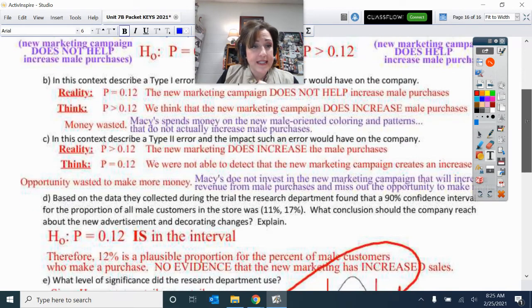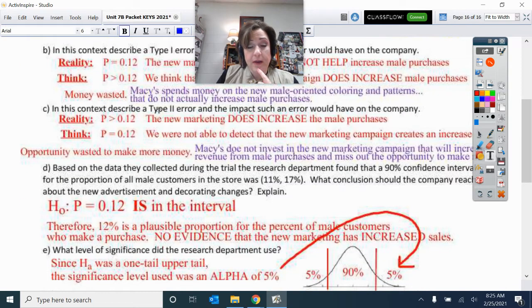Okay, and then C. In this context, describe a type 2 error and the impact of such an error. That's failing to reject a false null hypothesis, type 2 error. So the null hypothesis is false, and the reality is that the new campaign is increasing male purchases, but I didn't detect that.